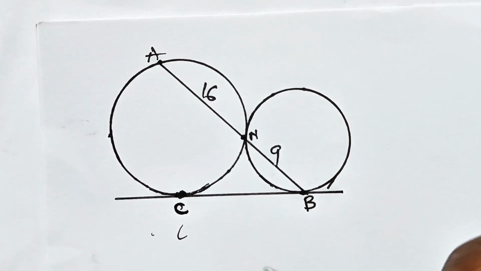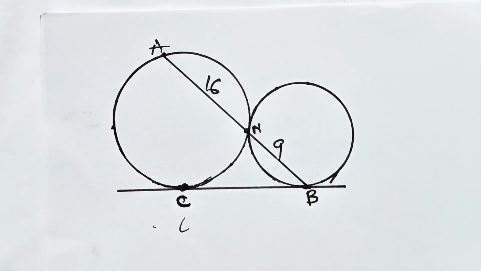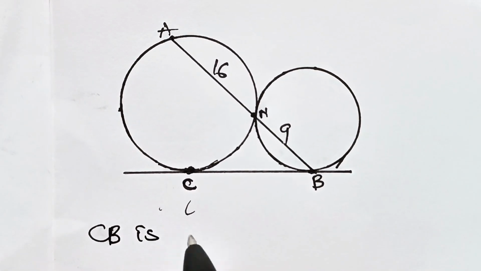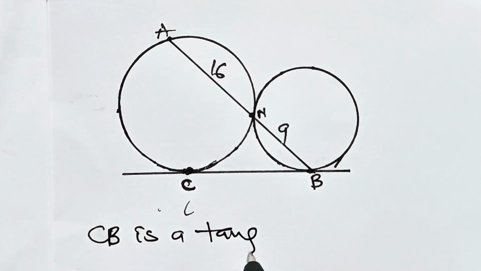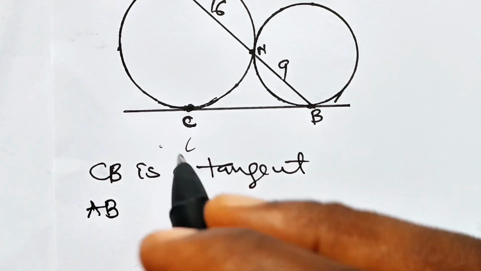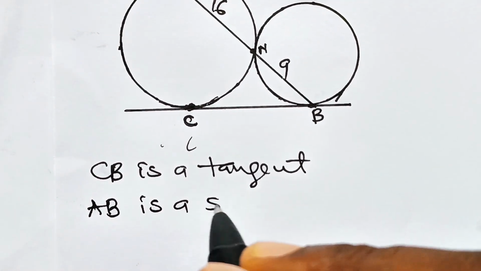Now we can see that CB is a tangent and AB is a secant.